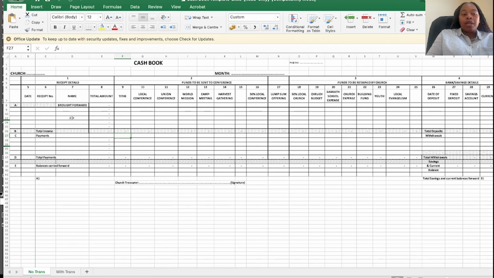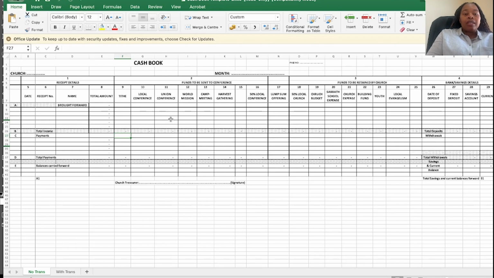Column 7 is the name of the giver, the name and surname of the giver. And column 8 is the total. For the Excel one, it populates itself. For the manual one, you have to calculate using your calculator and come up with the totals.